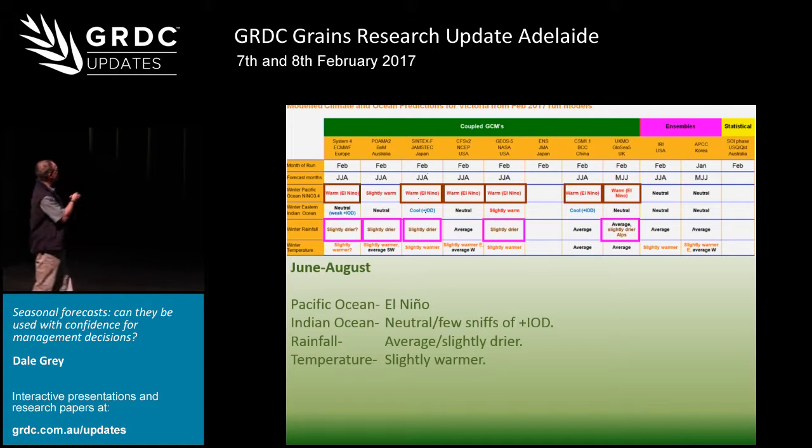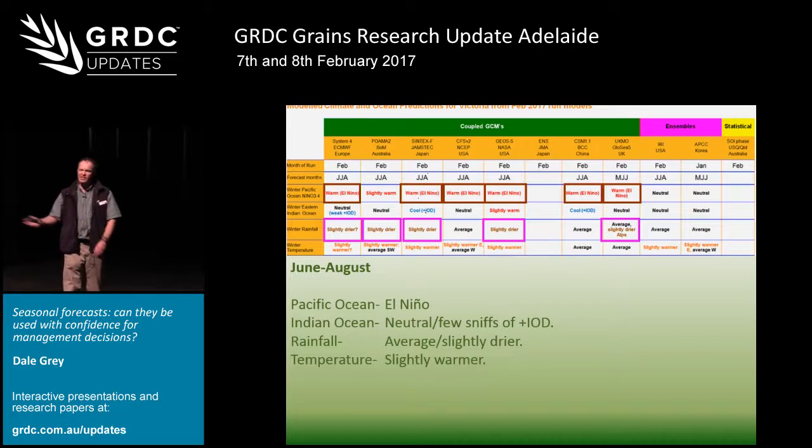In 2014, it looked a bit like this, and the El Nino didn't happen, but an IOD positive tooled us up in spring. In 2015, they were like this, and it was an El Nino and an IOD positive. In 2016, it looked like this at this time of the year, saying La Nina, and we didn't have a La Nina, but we had an IOD negative, it was wet anyway.